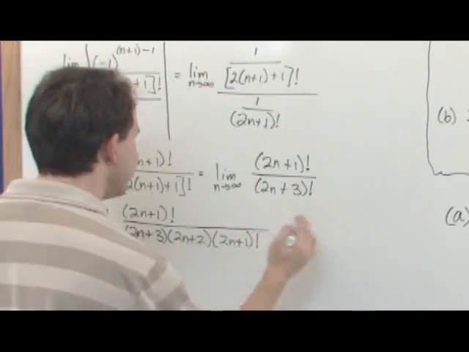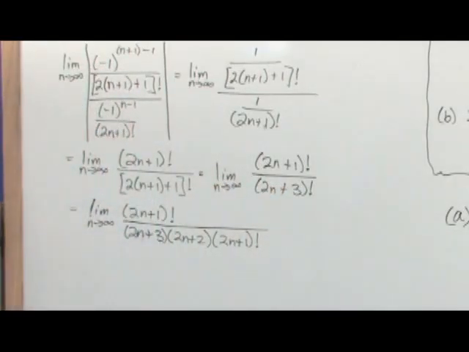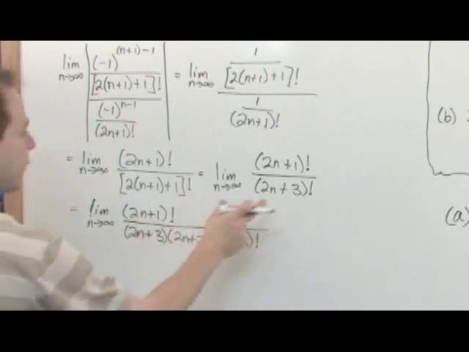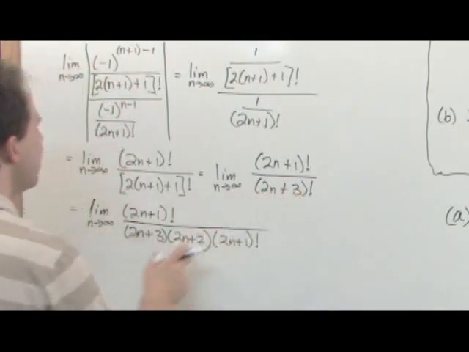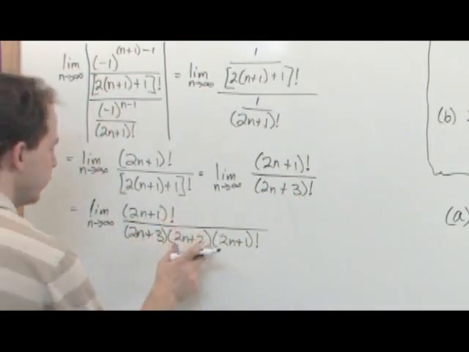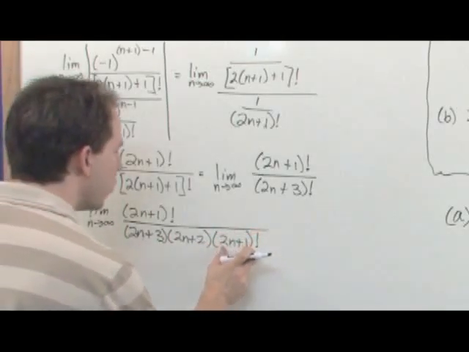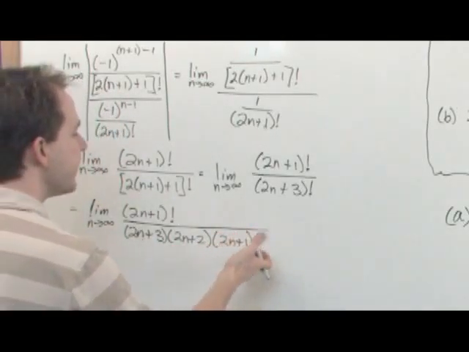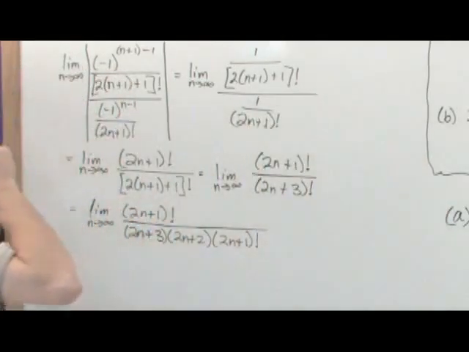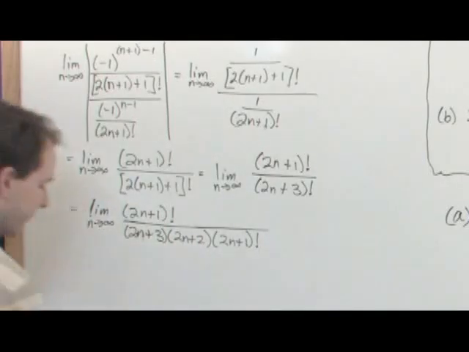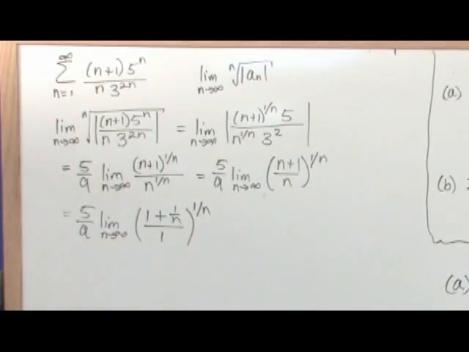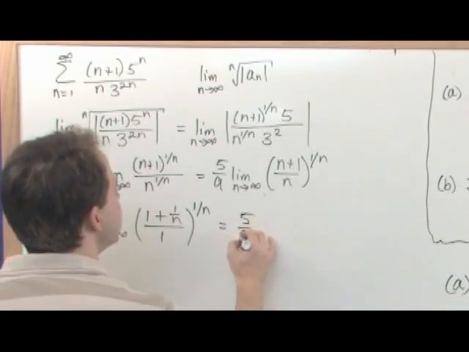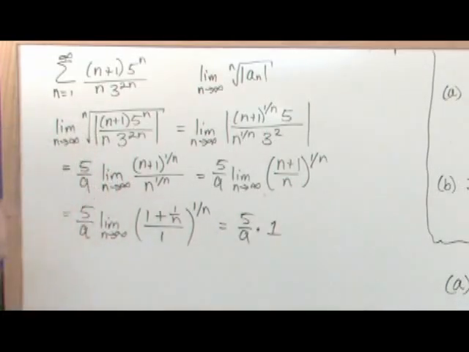You see, because I have to continue on multiplying down until I get to 1. I don't know how far away that is, but I certainly know that 2n plus 3 factorial is 2n plus 3 times 2n plus 2, because I subtract 1, times 2n plus 1, because I subtracted another one. And then from there on, I keep on multiplying down until I get to 0, and I'm certainly not going to write all those terms out. In the end, what I'm going to have is 5/9 times 1 when I take the limit, okay? And so what I'm going to have is 5/9. That is the limit, okay?